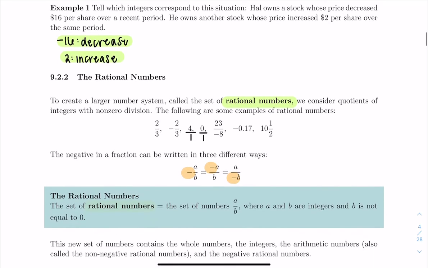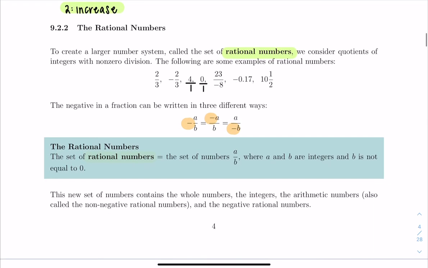And so the set of rational numbers is the set of numbers a over b, where a and b are integers, and b is not equal to 0, because we can never divide by 0. And so this new set of numbers contains the whole numbers, the integers, the arithmetic numbers, which is the non-negative rational numbers, and then the negative rational numbers.